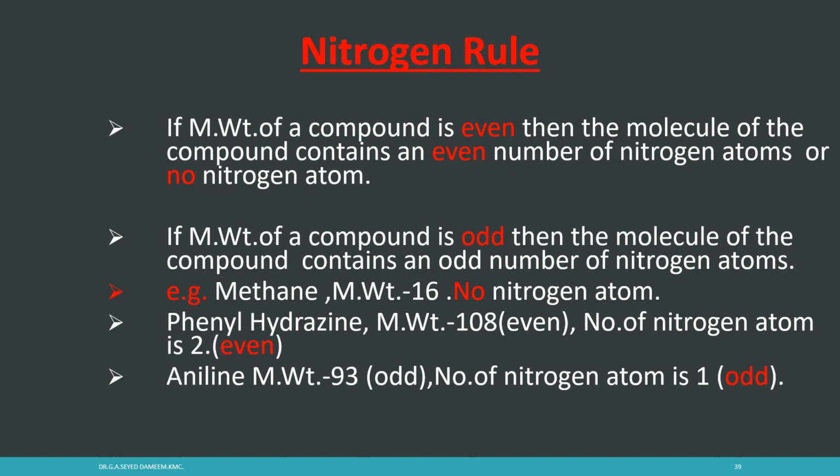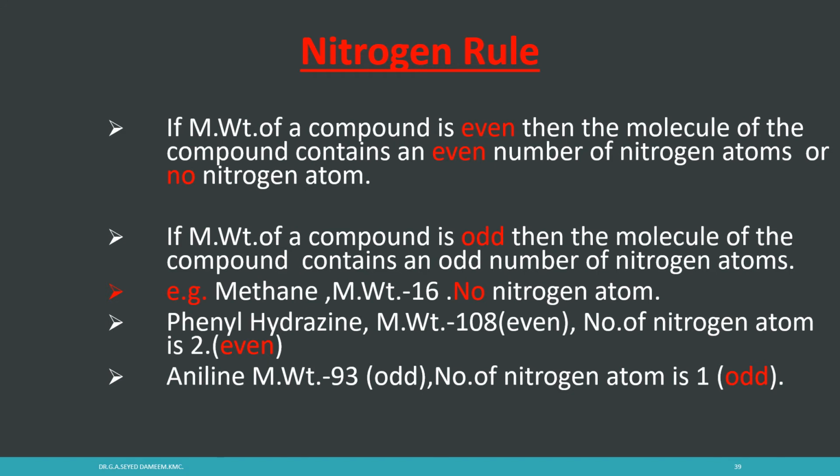The nitrogen rule is: if the molecular weight of a compound is even, then the molecule contains an even number of nitrogen atoms or no nitrogen atom, that is 0, 2, 4, 6 nitrogen atoms. And if the molecular weight is odd, then the molecule contains an odd number of nitrogen atoms, that is 1, 3, 5, etc.